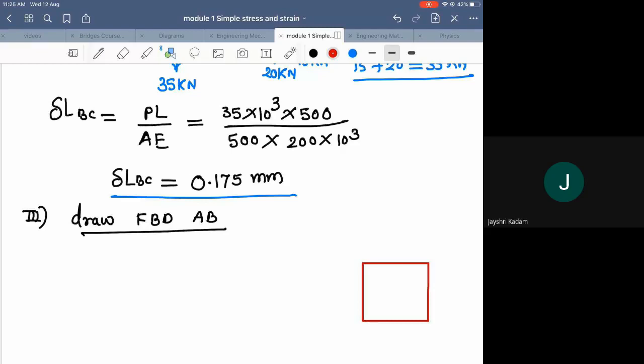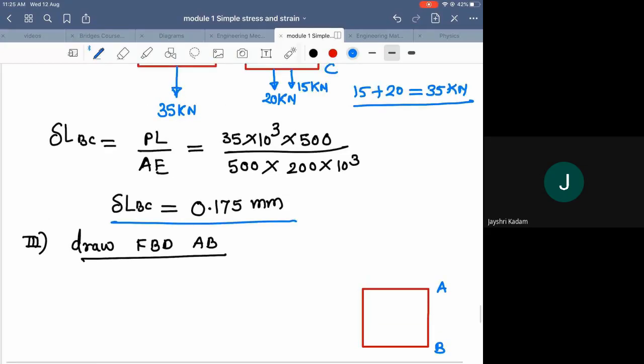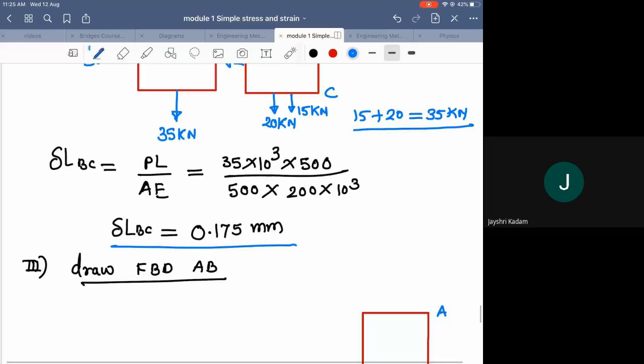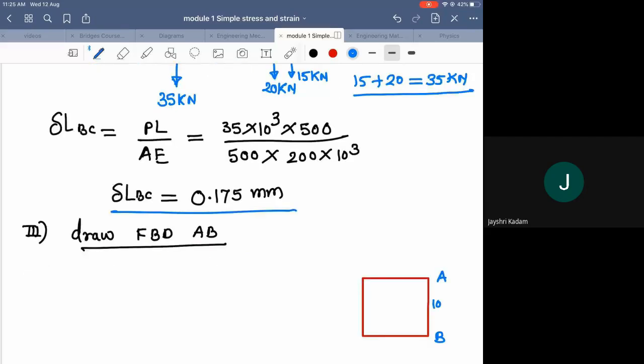This is the part AB. And how much is the length? 1000 mm is the length. Area, I know, is common for all, 500, and E is also common, 200 into 10 to the power 3 Newton per mm square.